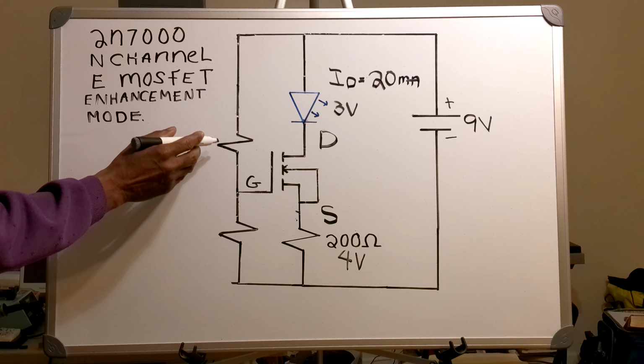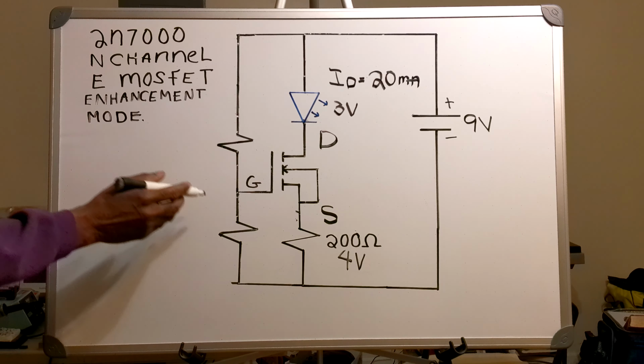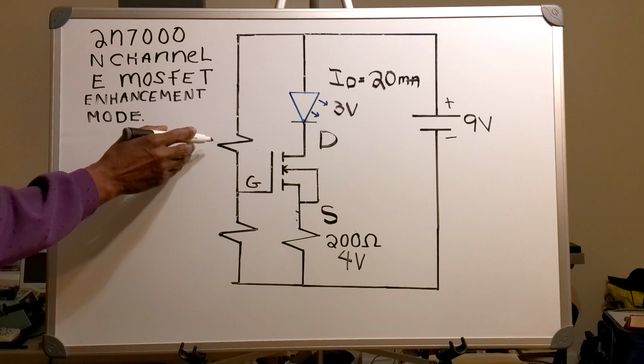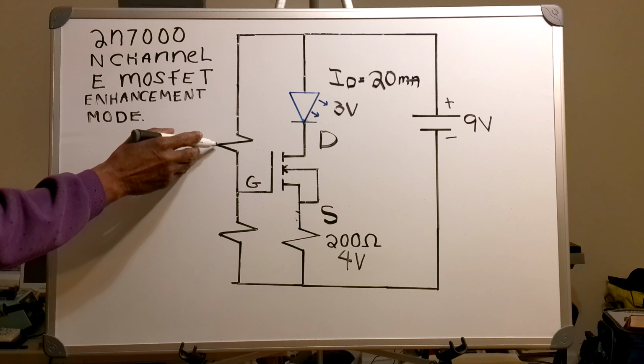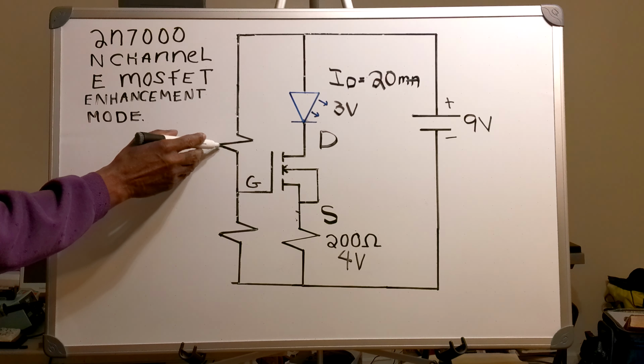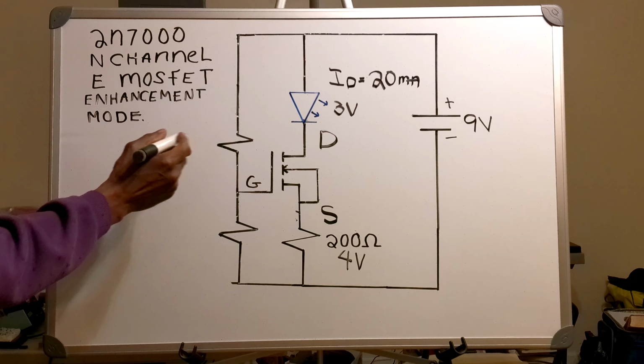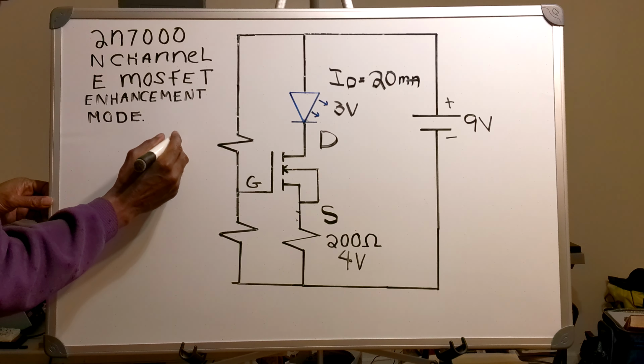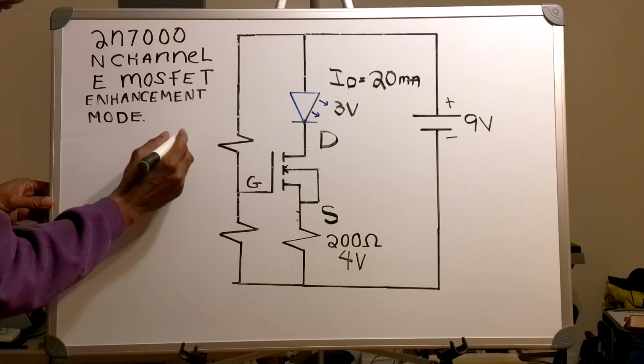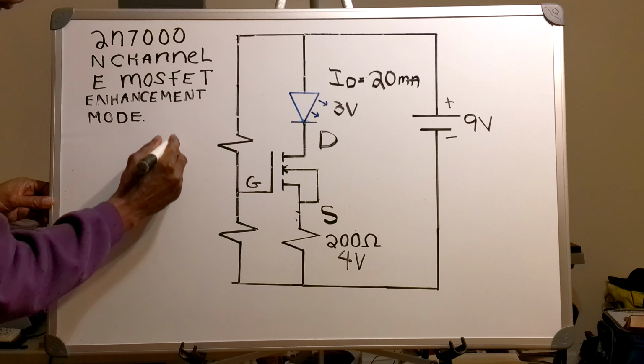Now I've got to find these back resistors. Now on my first resistor here, I'm just going to pick a value. So I'm going to make my value of this resistor 150 kilohms.